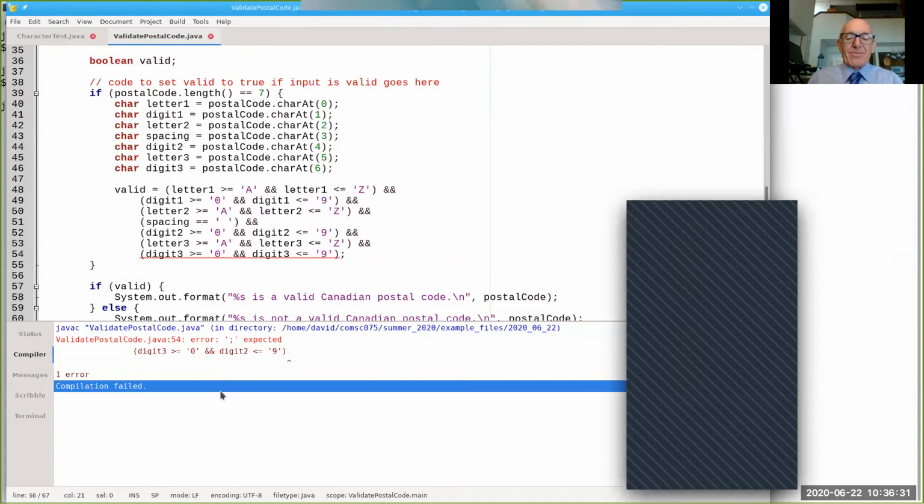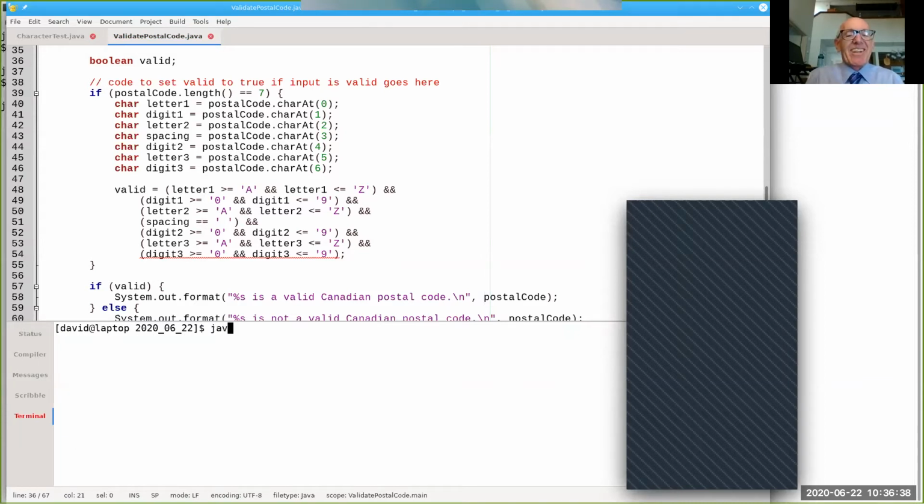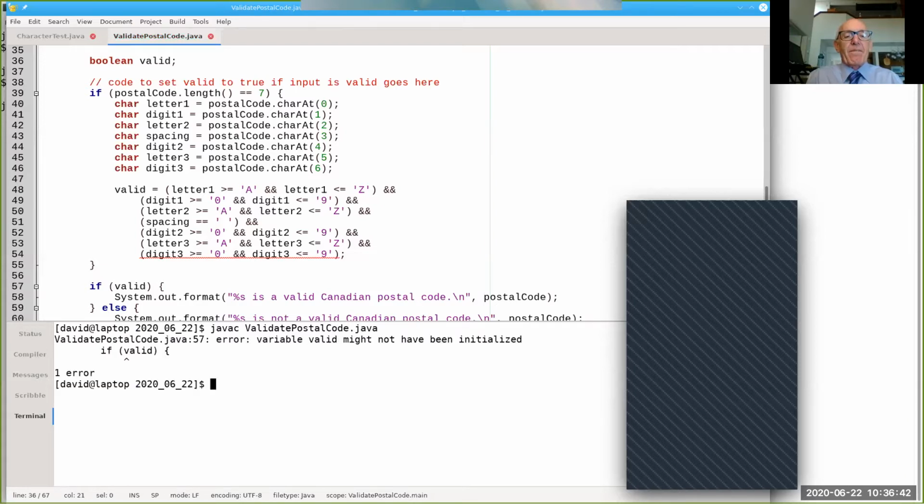Hold on. Shoot. Sorry about this. I'm getting my windows mixed up here. Javac Validate. It gives me this: local variables do not have default values.